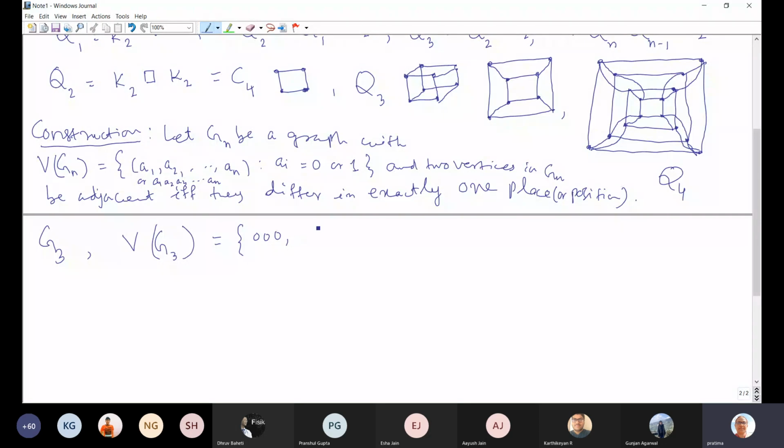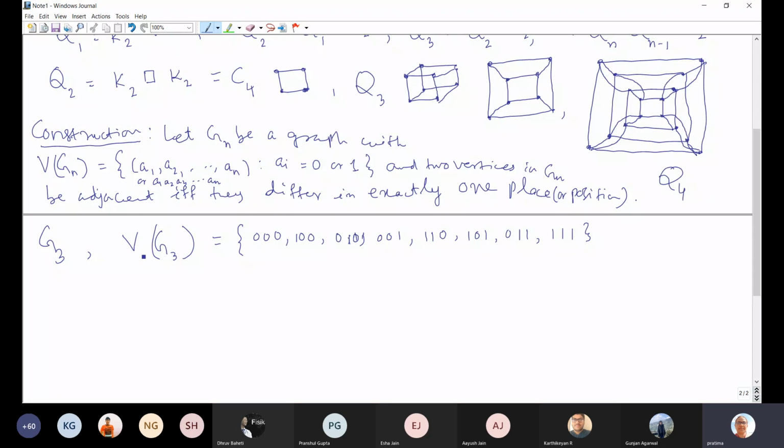So strings of zeros and ones of length 3, this is the vertex set of G3.